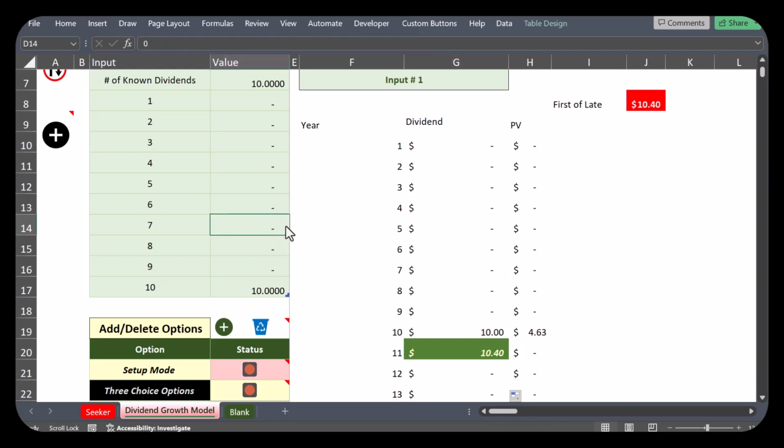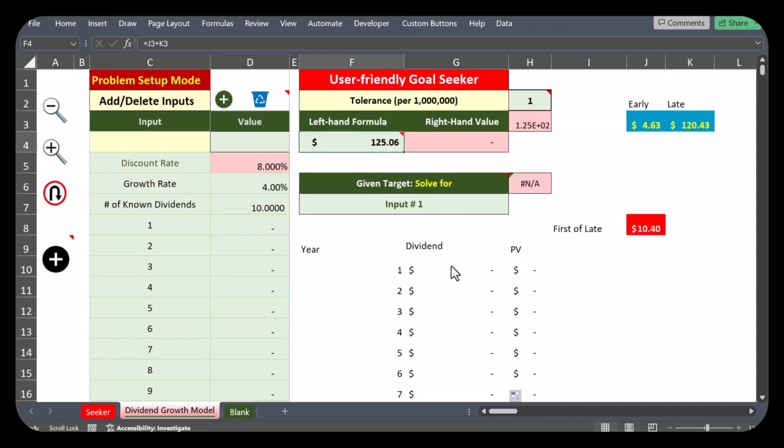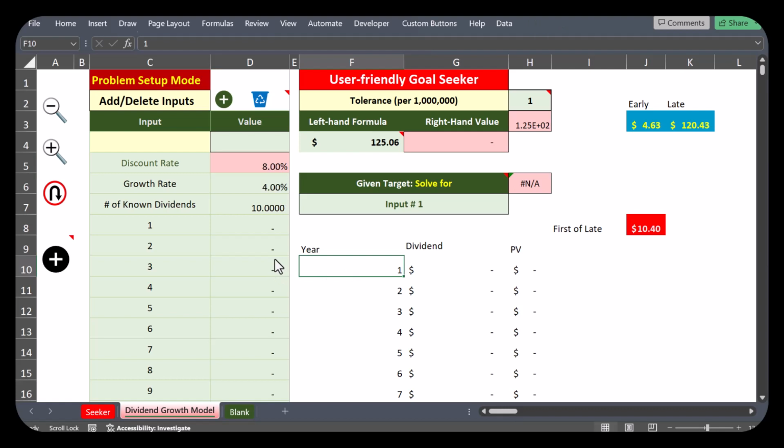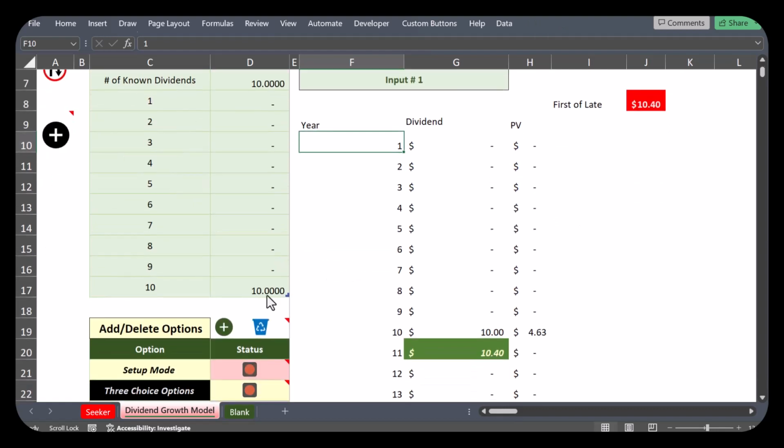But I know exactly what's going to happen to the firm. I mean, let's make it simple. Yeah, this is simple. This is 8 and 4. So in year 10, it's going to pay $10, right? So if you're at the end of year 9, this is a simple firm.